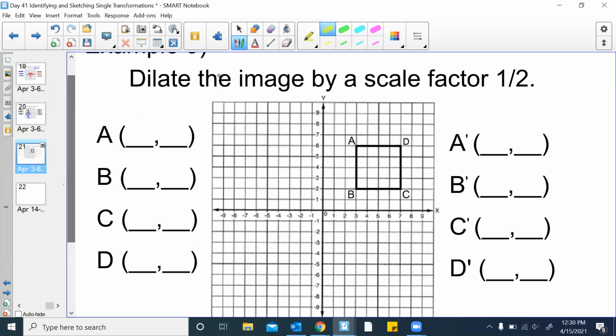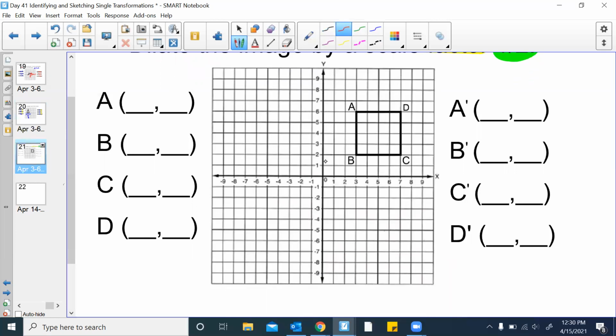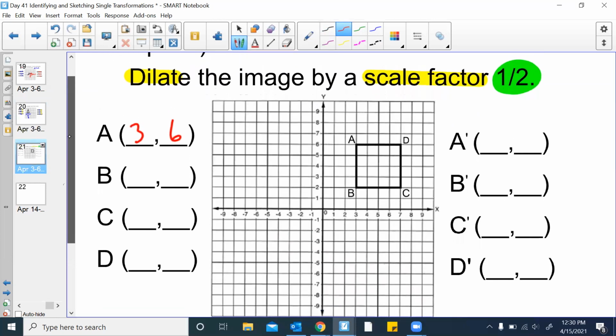We're going to dilate this scale factor by 1/2. So I should have stayed with highlighter. Dilate scale factor 1/2 is our big deal. All right, so all I'm going to do is find my points. A over 3 up to 6, so that's 3, 6.